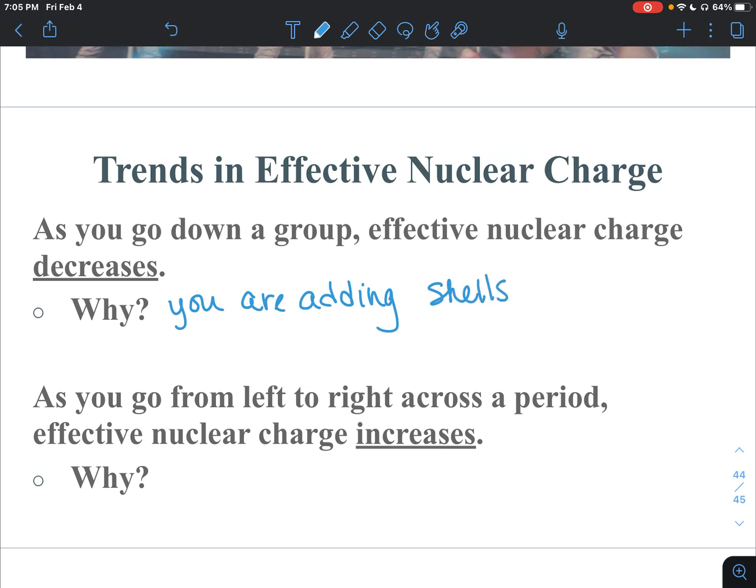So you think about that as rows at the concert. As you go down a group, you're getting further and further away from the stage. All of a sudden, you're in the 7th row as opposed to the 1st row, and that's going to be less attraction. So when you're adding shells, you're adding distance. More distance means less attraction.